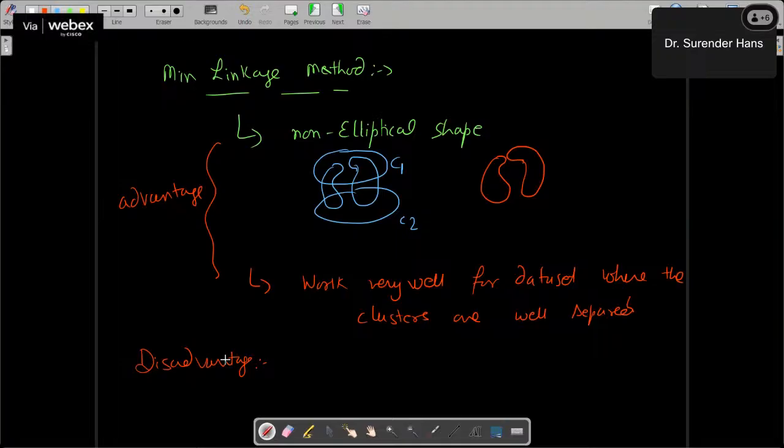So this minimum linkage method may not perform very well when the clusters are close to each other. Clear?